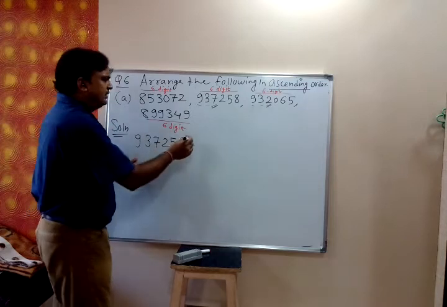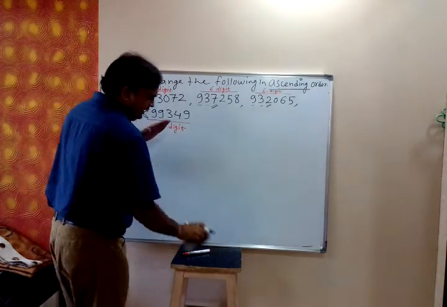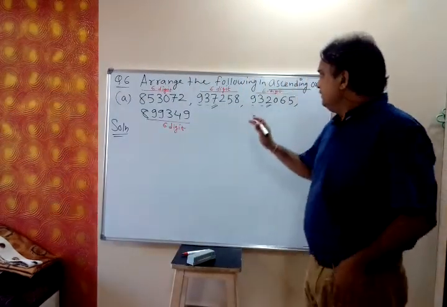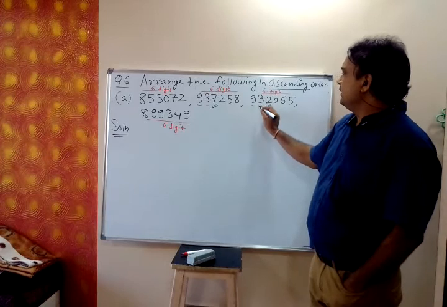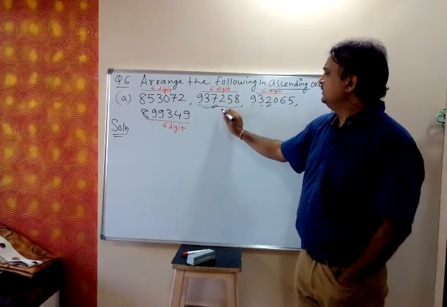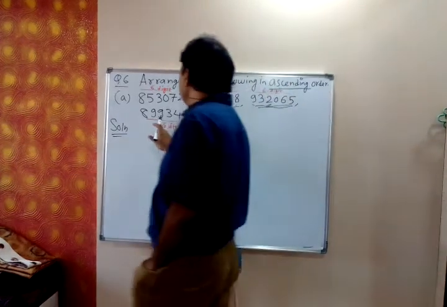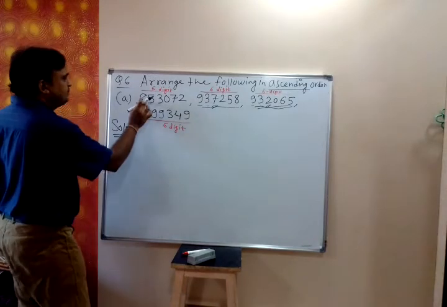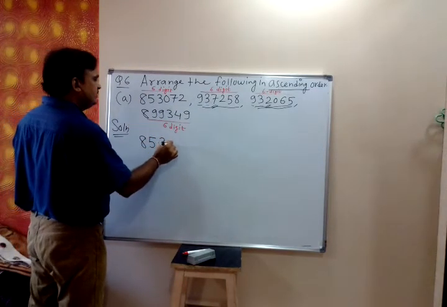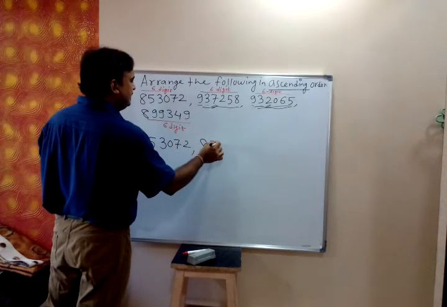First you have to decide this is my bigger number. Then after this number comes this one. Then of these two, this is smaller. So we write 853072, then 899349.